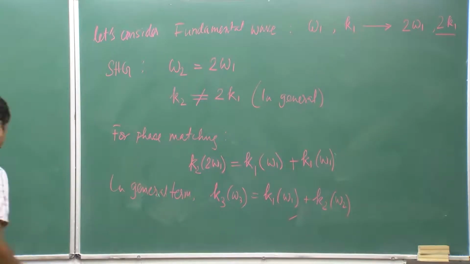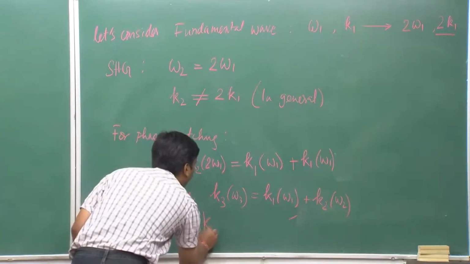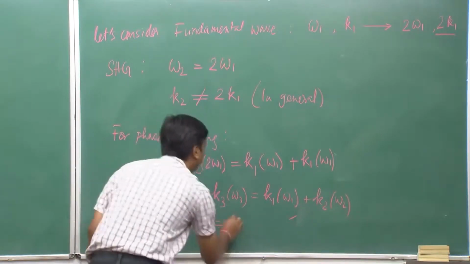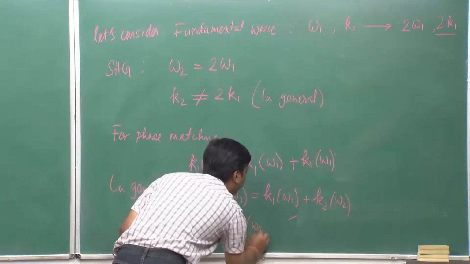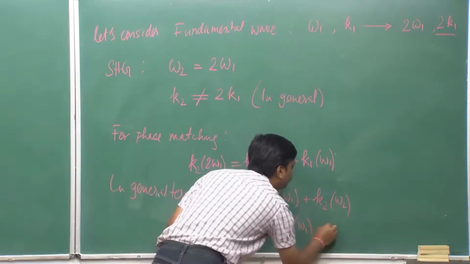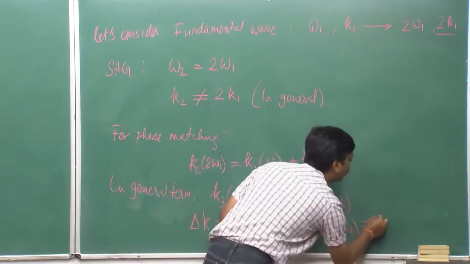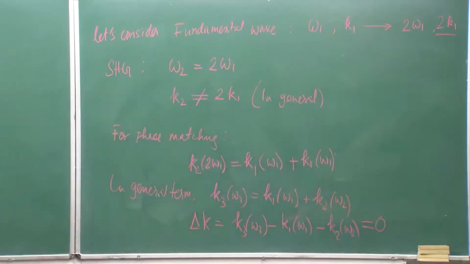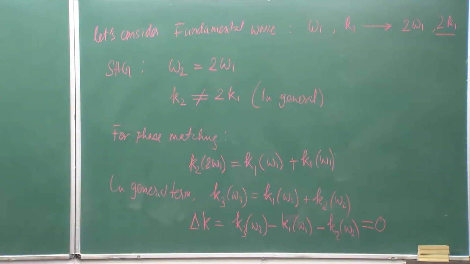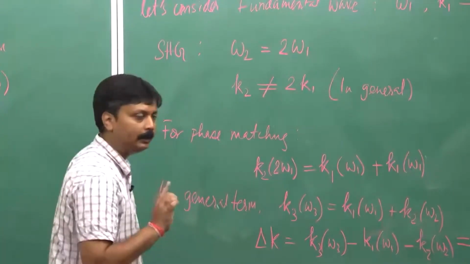So, this is the most general form, and I can rewrite this in terms of delta k, which is equal to k3 omega 3 minus k1 omega 1 minus k2 omega 2, and this delta k must be 0. Okay. So, this is the condition to achieve phase matching in a nonlinear optical medium, upon interacting with the intense laser light.